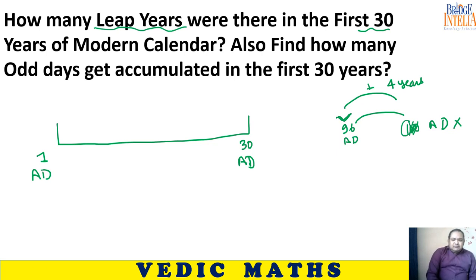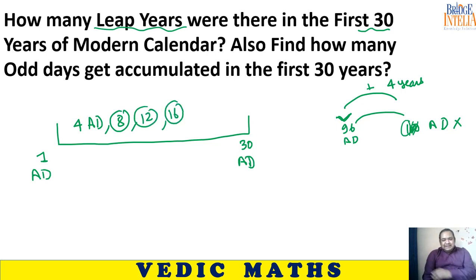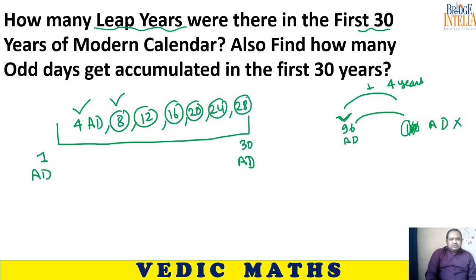But here the given range is 1 AD to 30 AD. So which are the leap years? 4 AD, 8 AD, 12, 16. So basically multiples of 4. How many multiples of 4 are there? Only these. Let's count them: 1, 2, 3, 4, 5, 6, 7.